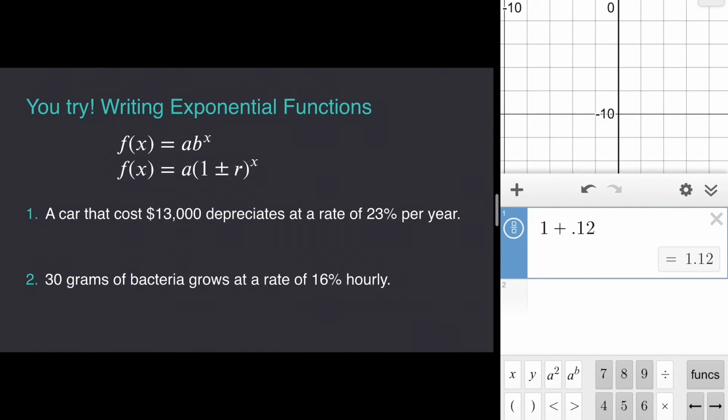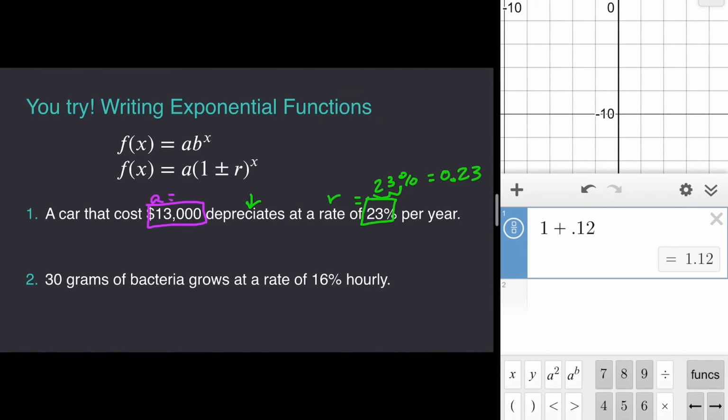All right. So now we've got 2 more examples I want you to try, so go ahead and pause this video and work these problems out. All right, so a car that cost $13,000 at the beginning depreciates, which means going down at a rate of 23% per year. So 23%, drop the percent, move the decimal over 2 would be 0.23.